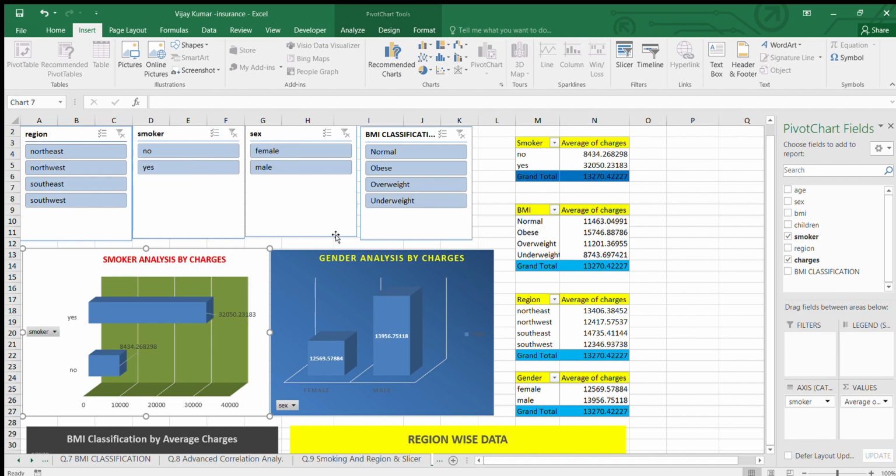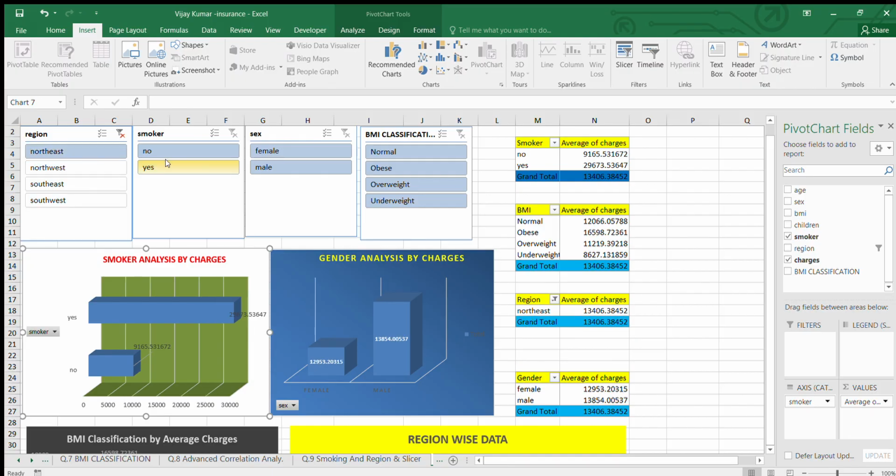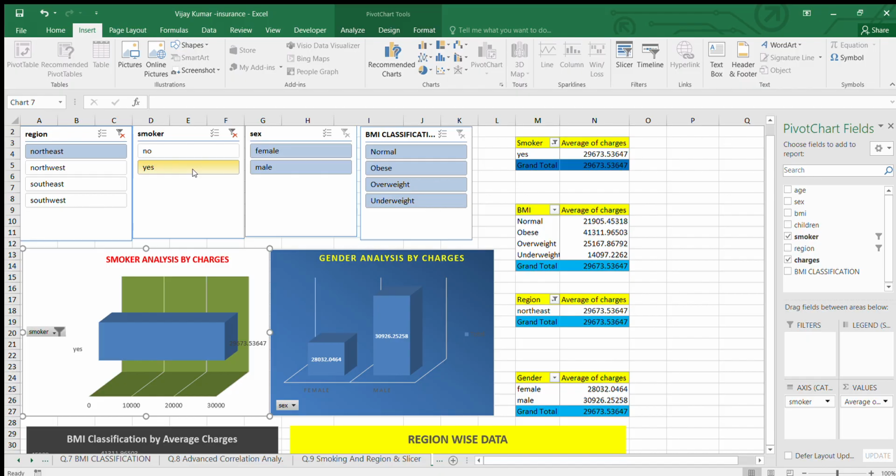If we go region wise, in the northeast region, how many persons are smoking, and how much is the charge of a smoker person.